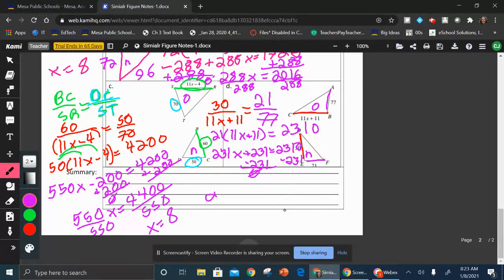Remember what we do to one side, we got to do to the other side. So we get 2,079. And then we're going to take and divide that by the 231. And we get x is equal to 9. You got this, everybody.